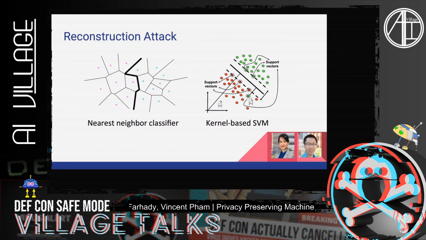This is more prone to models that tend to keep the training information in the structure itself, such as nearest neighbor classifiers and kernel-based SVMs.